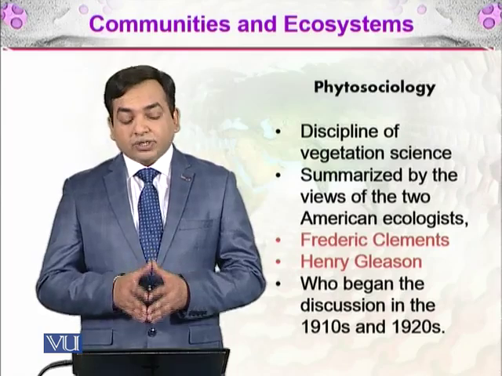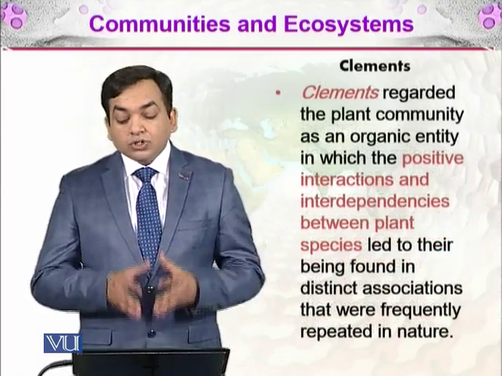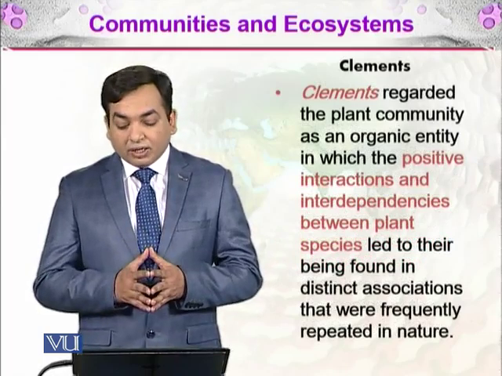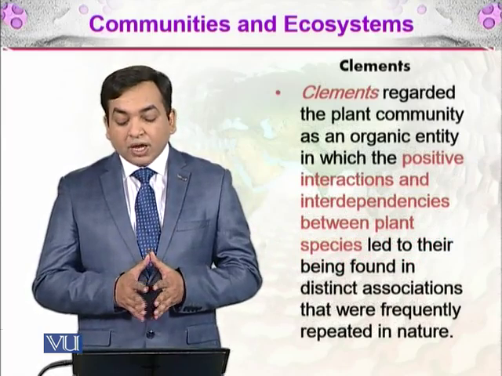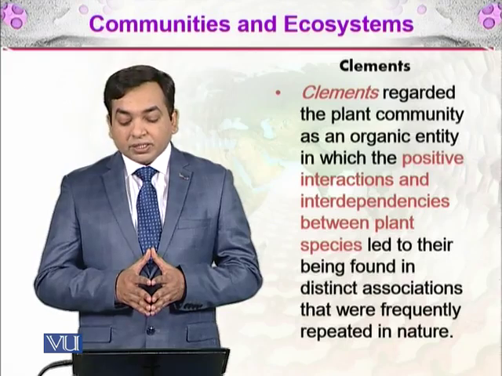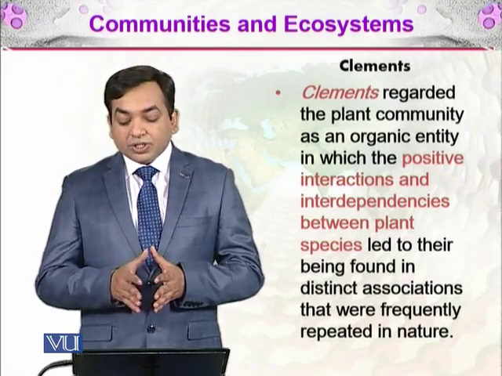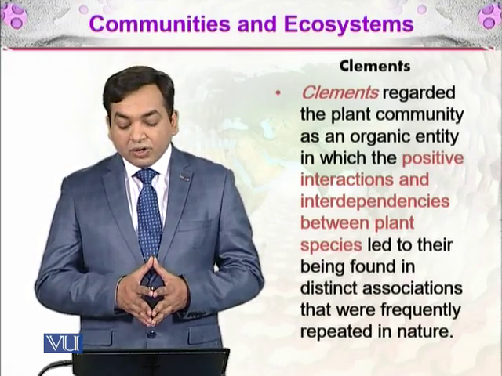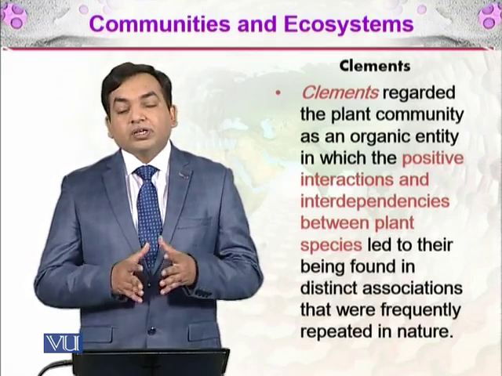Clements regarded the plant community as an organic entity in which the positive interactions and interdependencies between plant species lead to their being found in distinct associations that were frequently repeated in nature.